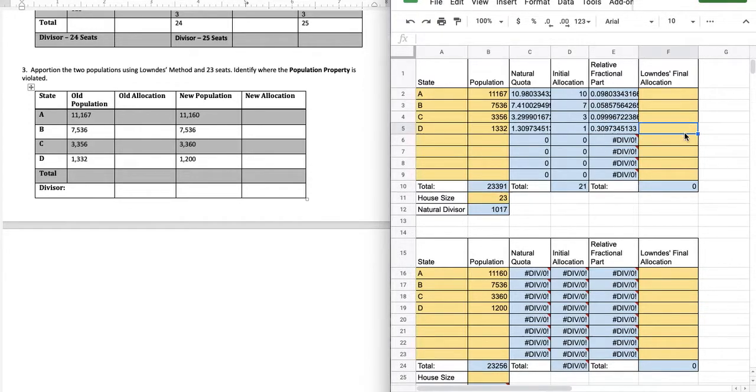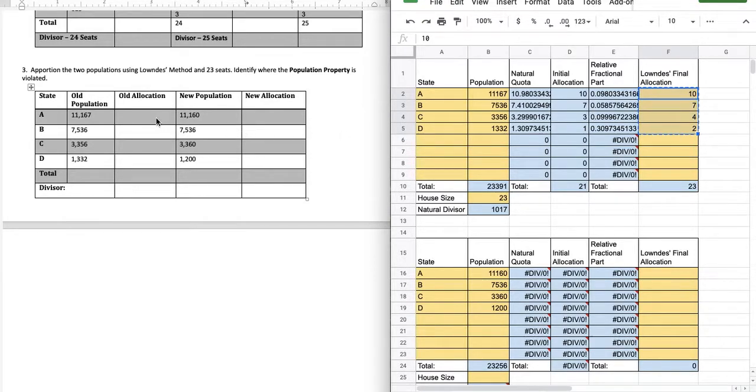So 0.3 is the largest. That goes from 1 up to 2. We have 0.099, 0.098. 0.099 is larger, so that goes from 3 up to 4. Those are the 2 seats that we gained. The others stay the same. We've got a total of 23.